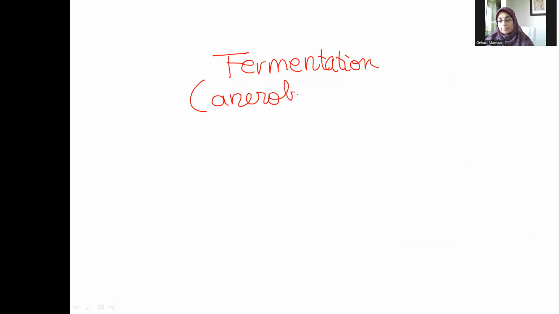We would represent this by saying that here we have a process of fermentation or anaerobic respiration. This is important to know. When we say fermentation, we mean anaerobic respiration. But when we say cellular respiration, we mean aerobic respiration.